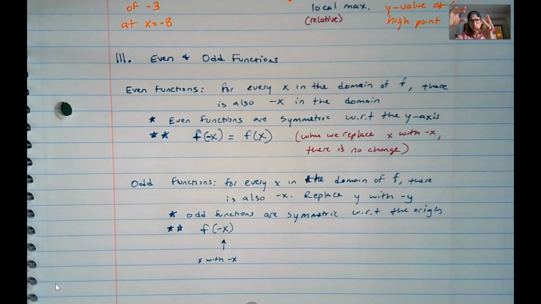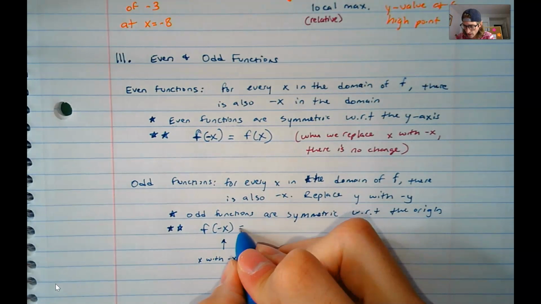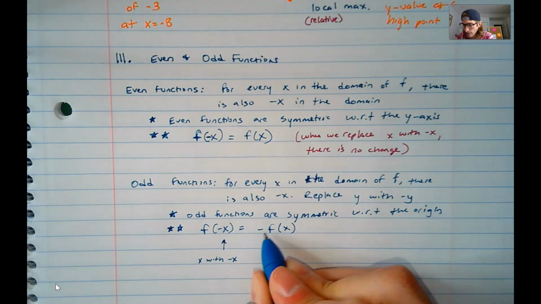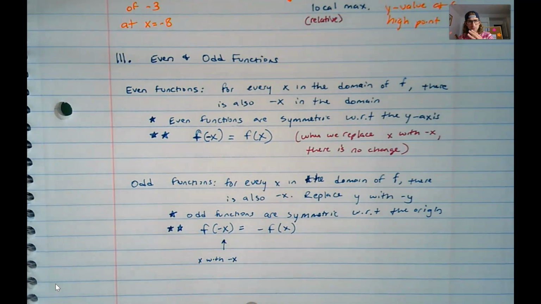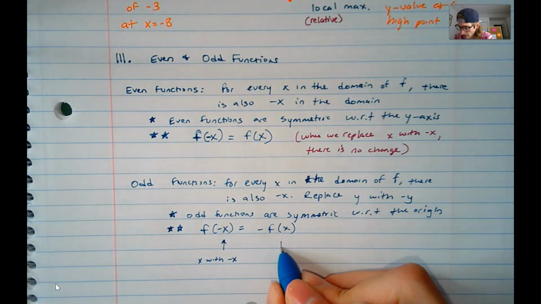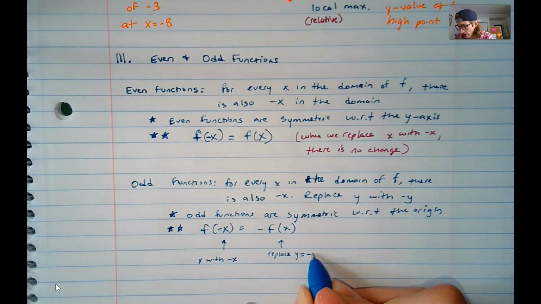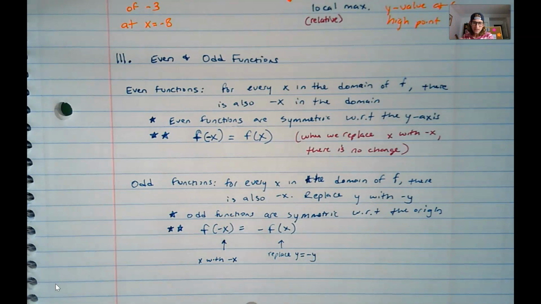We replaced y with negative y, and we got back to the same thing. So how do we write this here? We write a negative on the outside of f of x because we sometimes can think about f of x as being the output, the y coordinate. This is our place where it's replace y with negative y. So basically how I like to think about odd functions is when you plug in negative x, you get the opposite of the original. You can basically take a negative, stick it out front, and in parentheses you get your f of x.